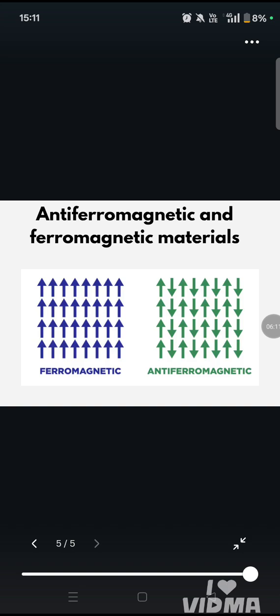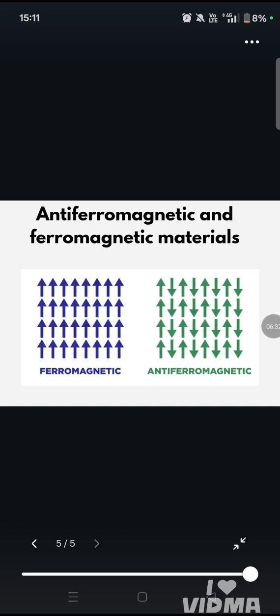Because of this, antiferromagnetic materials do not show magnetism under normal conditions. Examples of antiferromagnetic materials are manganese oxide, chromium. These materials are mainly studied for advanced magnetic applications and solid state physics.